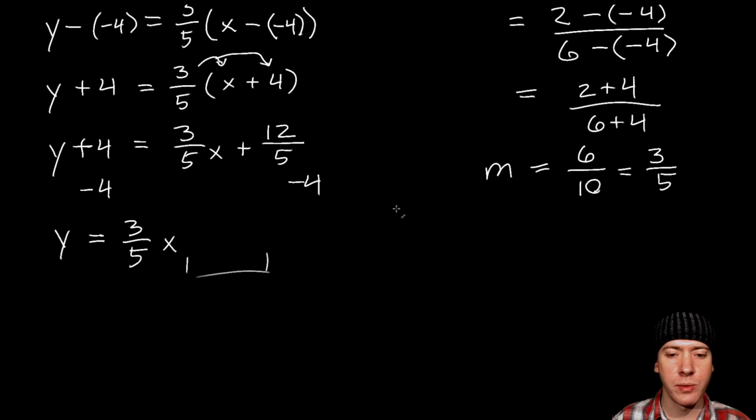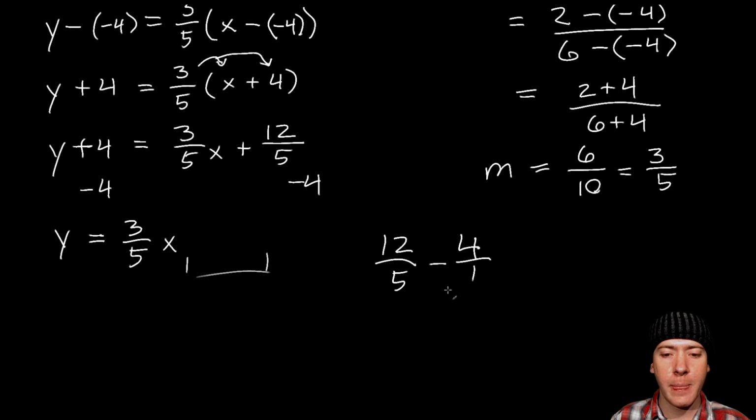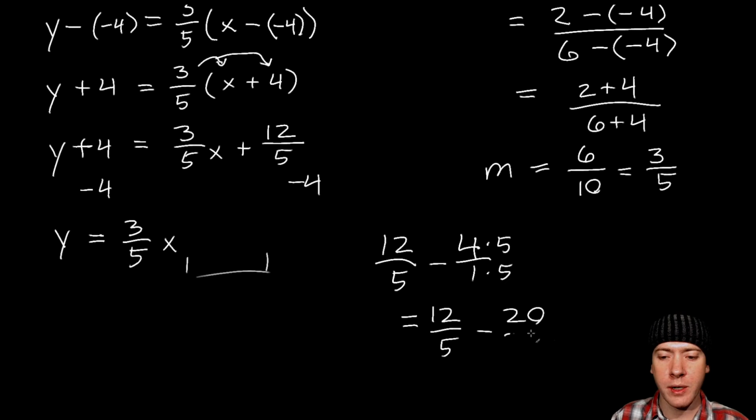Let's give ourselves some more room. 12/5 minus 4 is the same as 12/5 minus 4 over 1. And to get a common denominator, we're going to multiply the tops and the bottom of the second fraction by 5. So this is going to be equal to 12 over 5 minus 20 over 5.